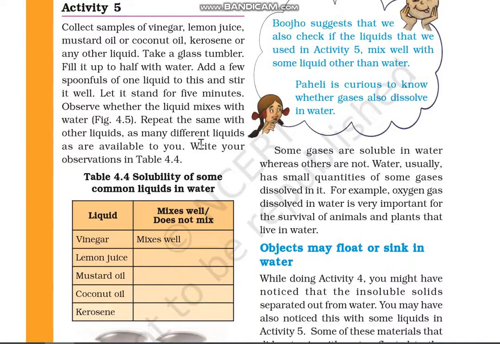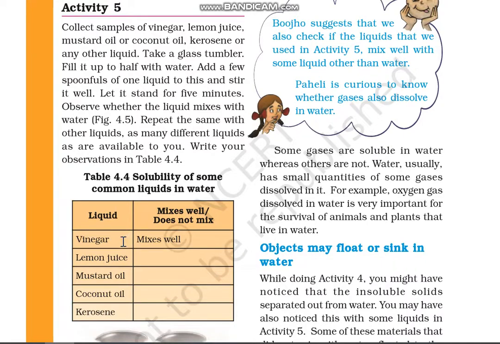On observation you can find out whether these liquids are dissolved in water or not. The liquids which dissolve in water are soluble liquids, and those which do not dissolve in water are insoluble liquids. Suppose vinegar.